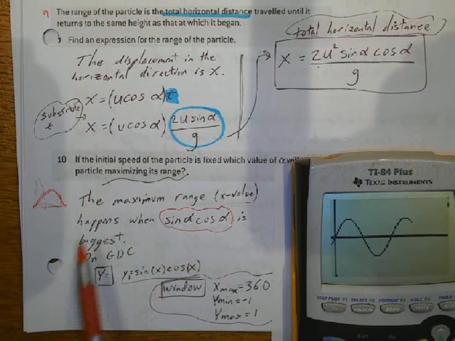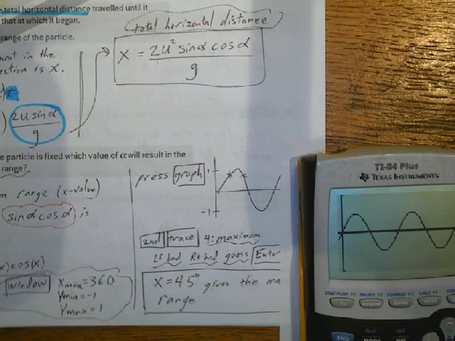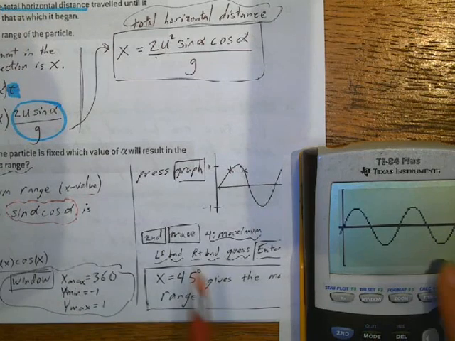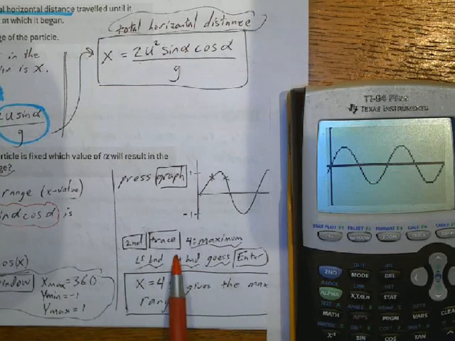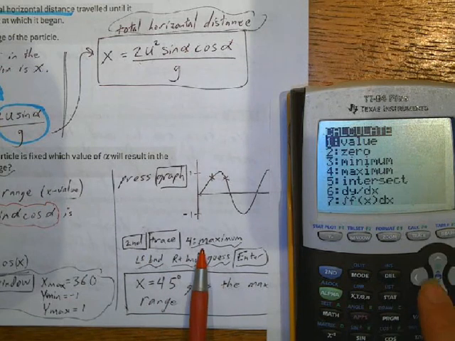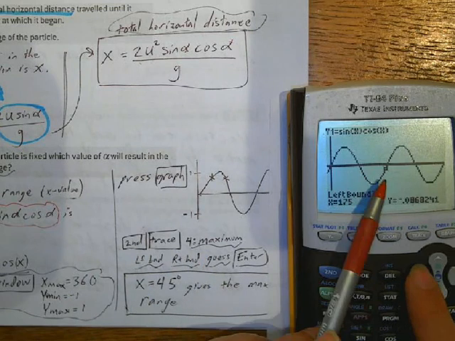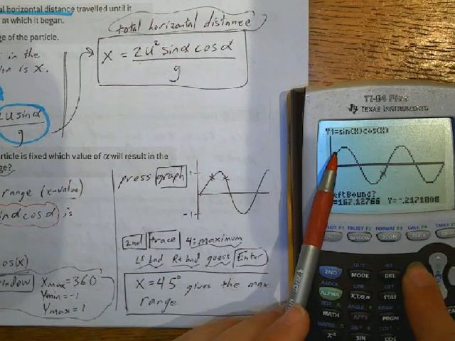Okay, so the maximum range is going to happen when this is at its maximum. So to figure out this maximum, I can press graph, and we get this picture. And then if I do second trace, I'm going to find the maximum. I'm going to go down to 4, maximum. And now I have to do left bound. So notice it's right here. I need to get over here, right? So I'm going to hit the left arrow, and I hit enter.